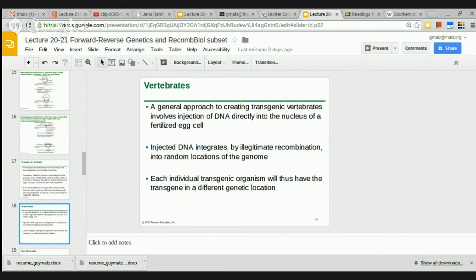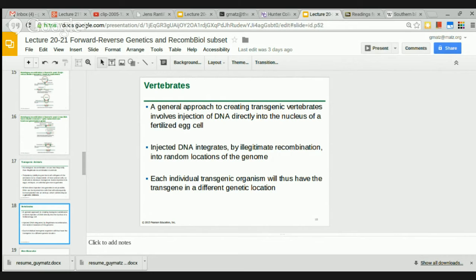Is chromatin the same throughout the genome? No. We have heterochromatin, which is not very good for gene expression, and euchromatin, which is. You can sit down next to a gene that's being very highly expressed, and it has an enhancer that's going to make your transgene suddenly expressed at high levels.